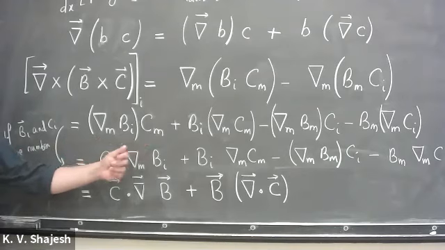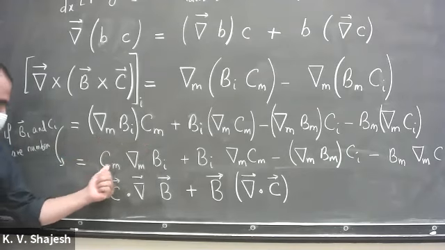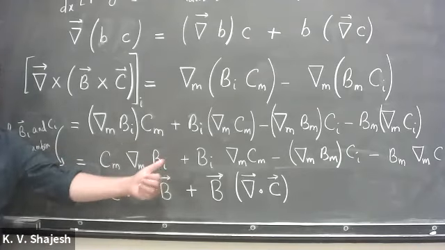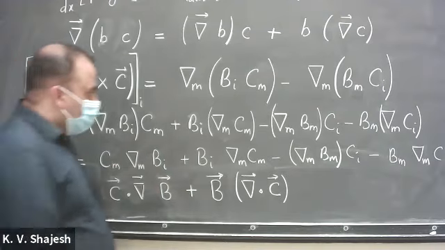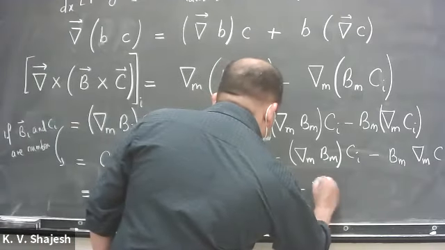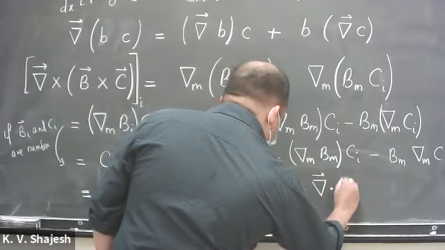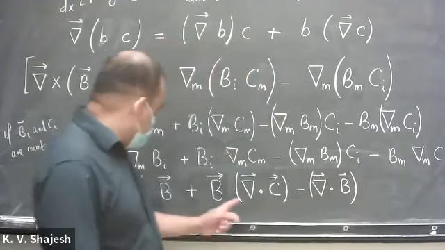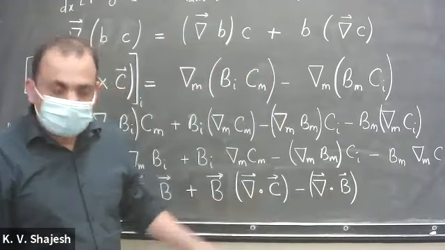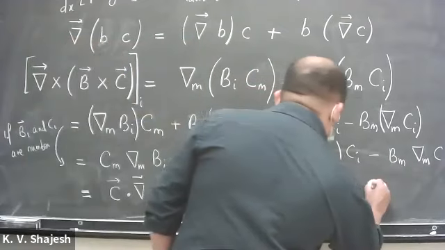If you have to do this in quantum mechanics, then you have to write this on the right side. So it's not easy to write it, but that's what it is. Okay. Minus of, you said divergence. This is divergence of B. This is divergence of C, and so on. Okay.